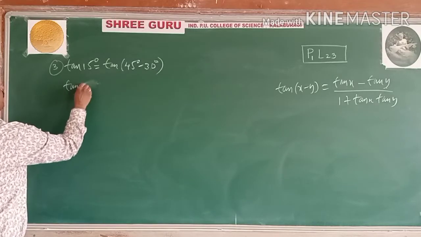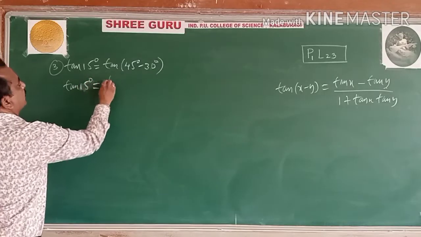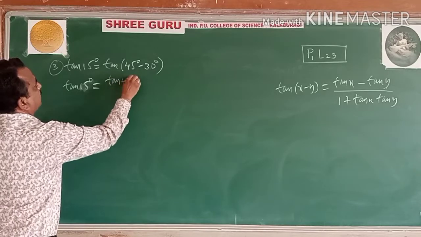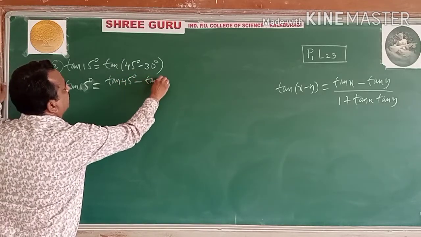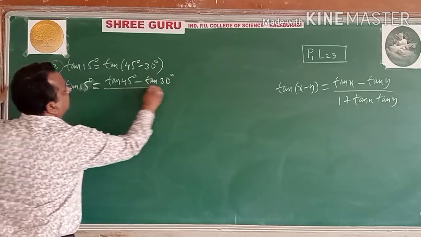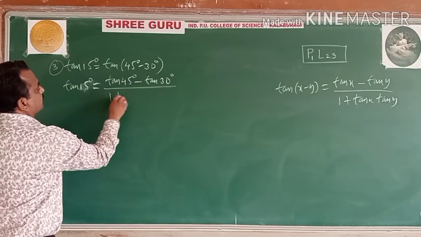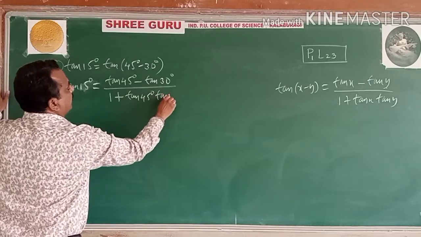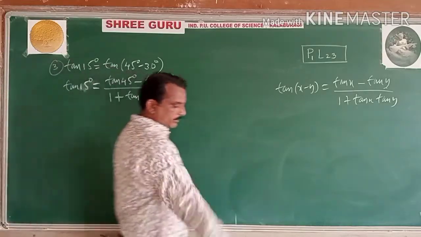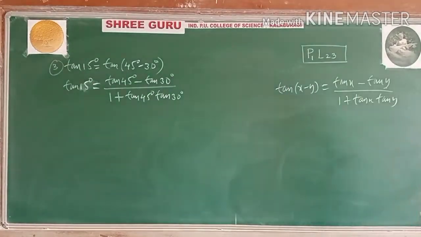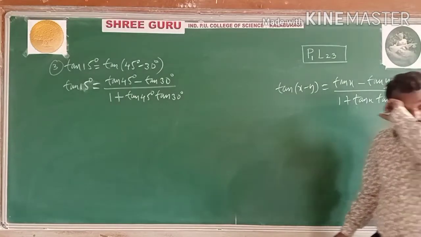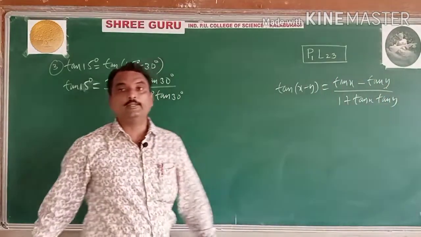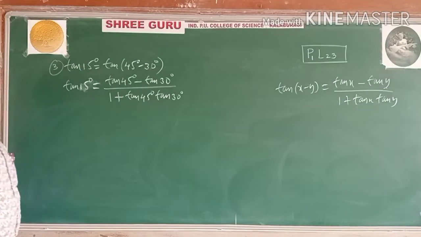This is tan 15 degree. See, tan 45, tan x, same sign; tan y, tan 30, divided by opposite sign, 1 plus tan 45 into tan 30 degree. Substitute their values and simplify it. Tan 45 minus tan 30 divided by 1 plus tan 45 into tan 30 degree.